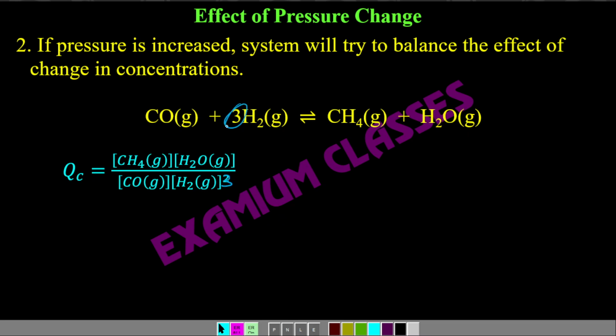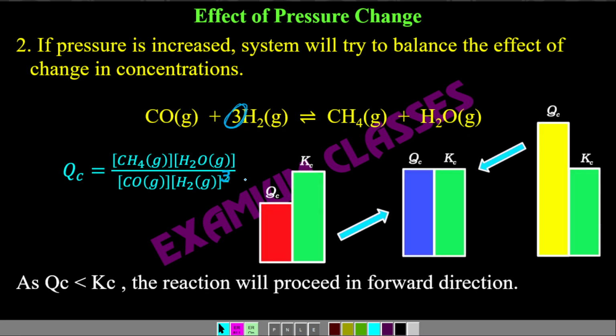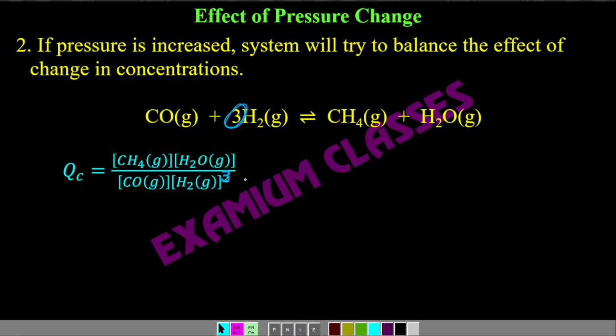We have 3 moles, so to the power 3 here. Now suppose you increase the pressure, and we are talking about the volume changing. So what will happen in that case?